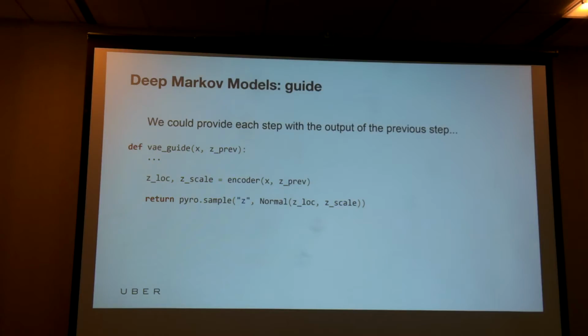So one thought, analogous to the model, is that we could provide the VAE guide for each step, each latent code Z at a particular time step, with the latent code Z from the previous time step, just as we do in the model, as well as providing the data at data point X.